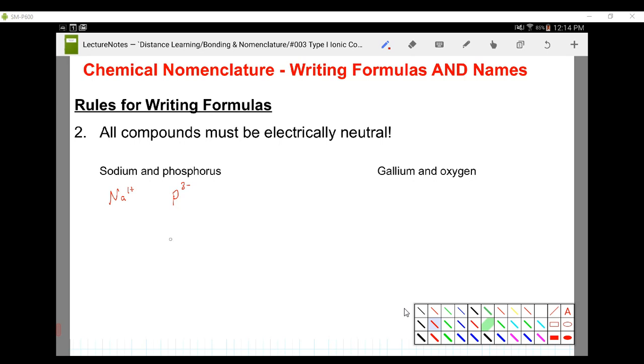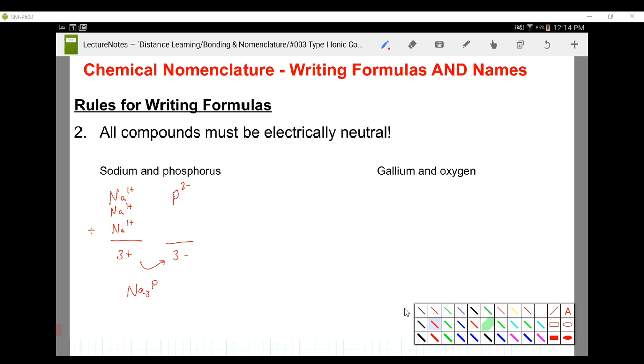To make this thing be electrically neutral, I need to have the same total negative charge as I do positive charge. And the only way I'm going to get that in this case is if I have multiple sodium cations. Specifically, I would need 3 of them, because if I have 3 positive ones, that adds up to a total of positive 3, and then that would match the negative 3 of my phosphorus ion. So the formula unit for this would be Na3P.